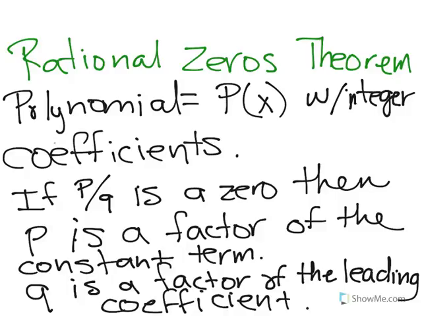The constant term is just the one that has no x. And q is a factor of the leading coefficient, and we learned that the leading coefficient is the coefficient of the term with the greatest exponent.